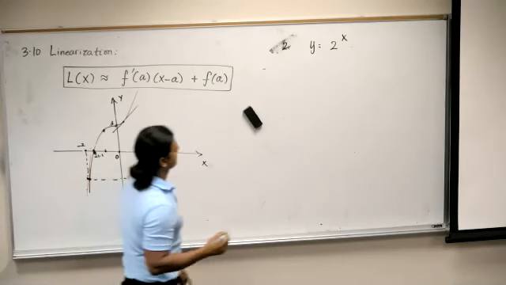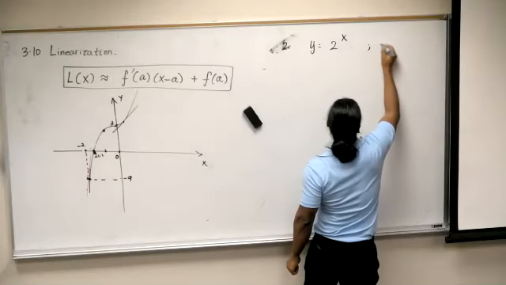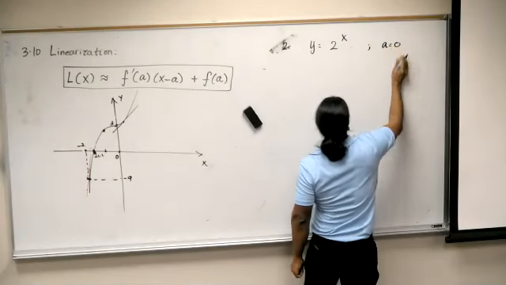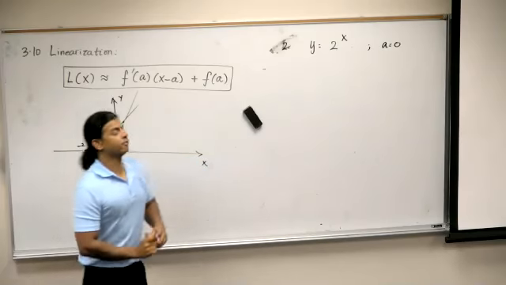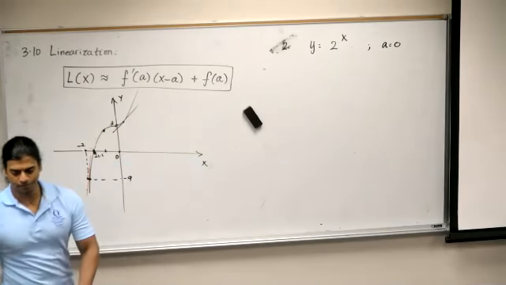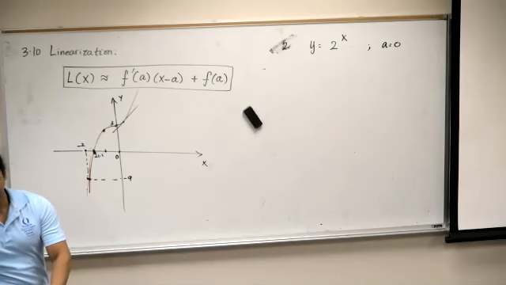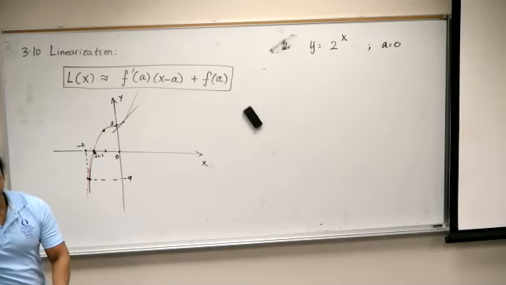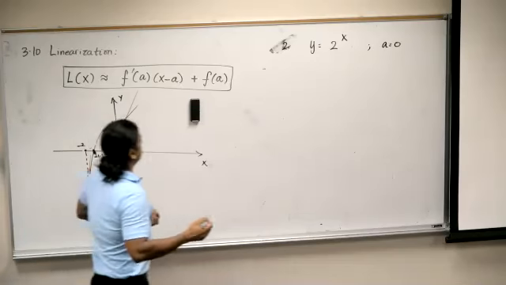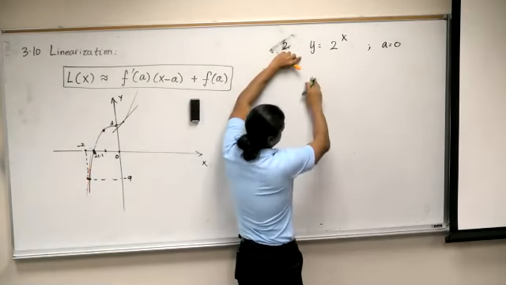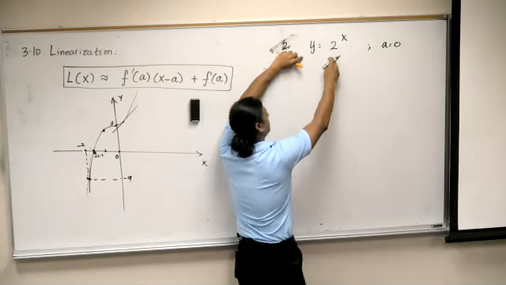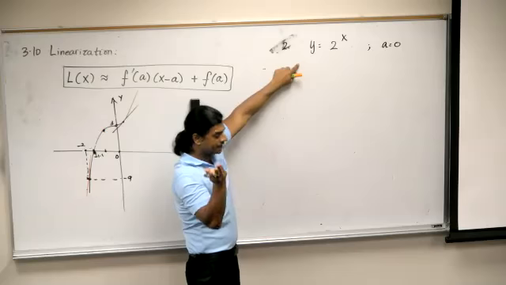Y equals 2 raised x. What we're going to do at the very least is, in the neighborhood of a equals 0, find f of a. If y is 2 raised x, this is a base other than e.